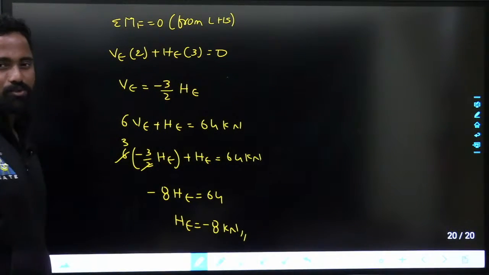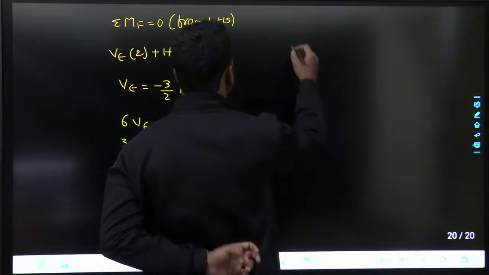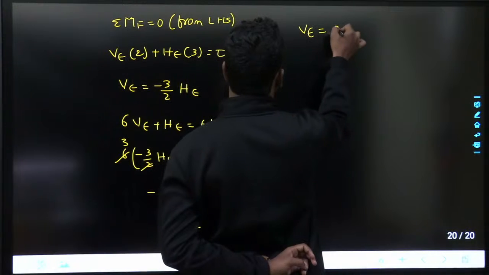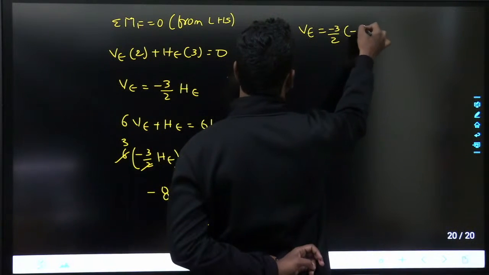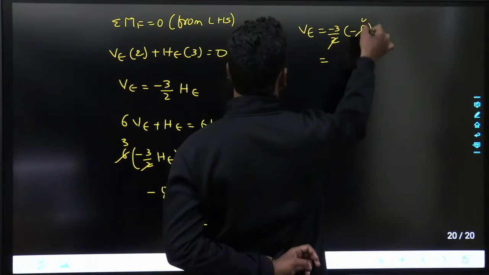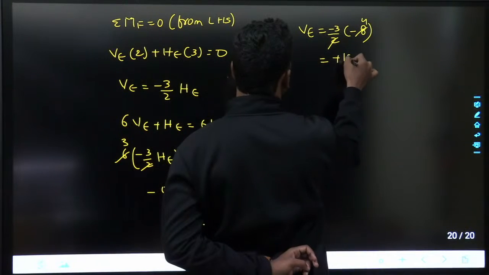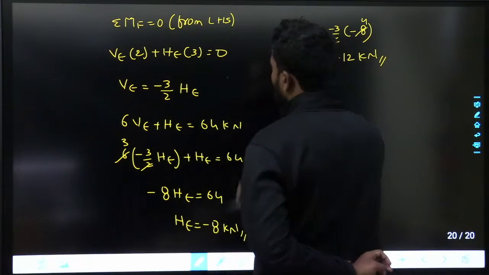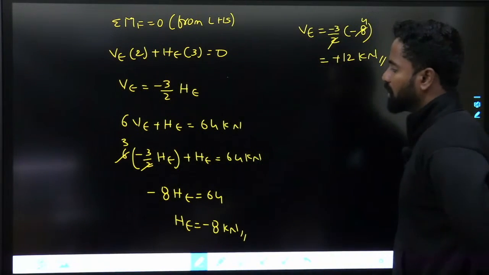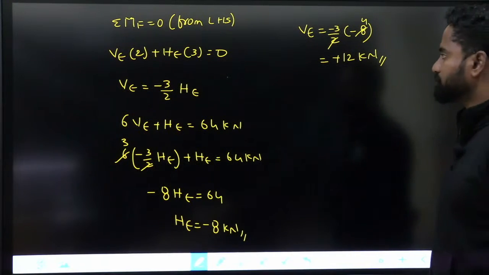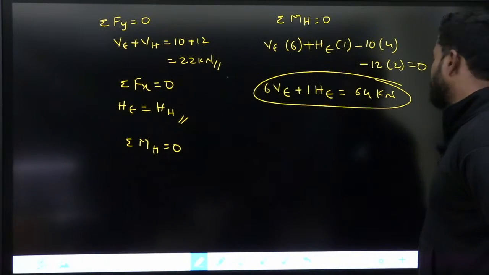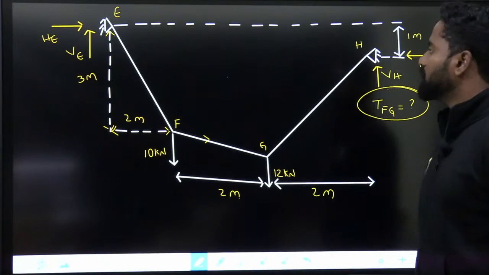Minus means the assumed direction is wrong. And VE is equals to minus 3 by 2 multiplied with minus 8, that is equals to plus 12 kilonewtons. VE is correct but HE is wrong.